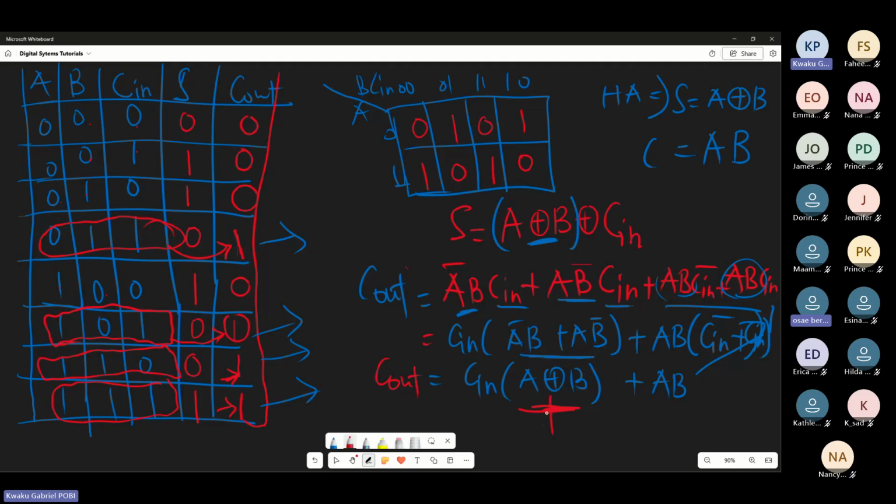Basically, this can be the sum of a half adder, and then this will be the C out also of a half adder. So it means in a way we can implement a full adder using a half adder. But then let's look at this.